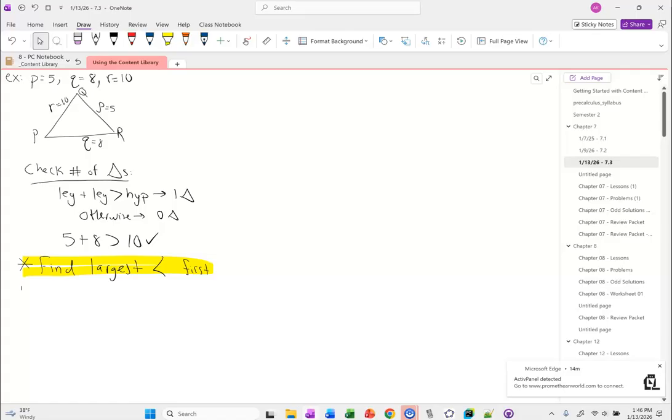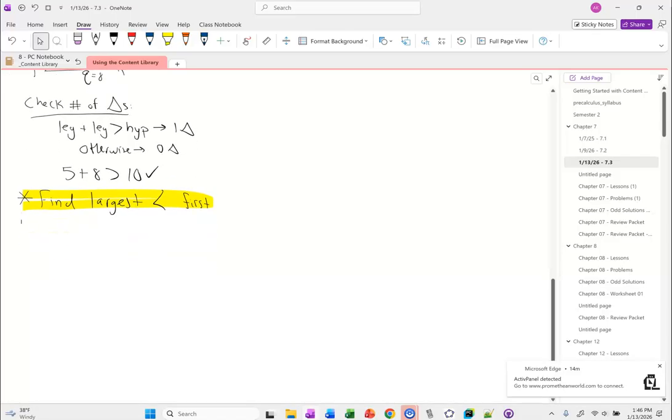Because R. Oh, it could be the C as well. So it makes it a good joke. Alright, so we're looking for angle R then.